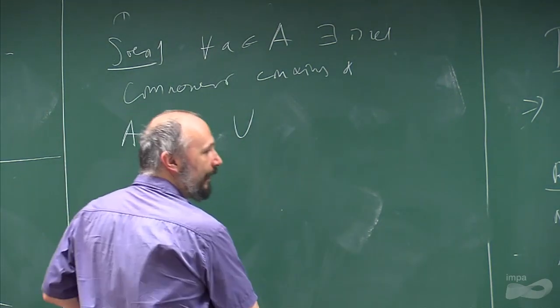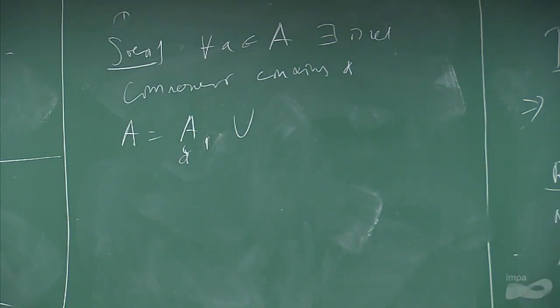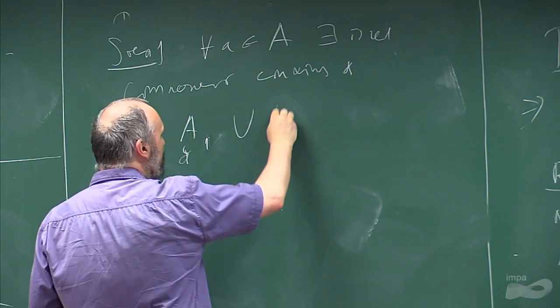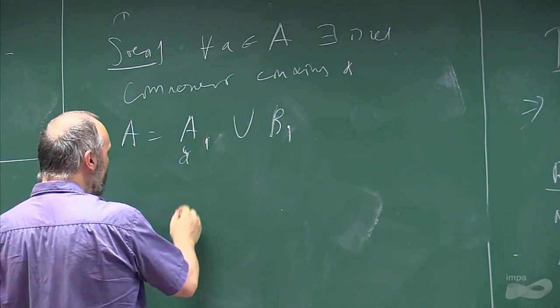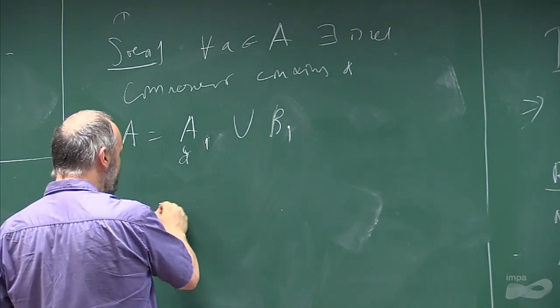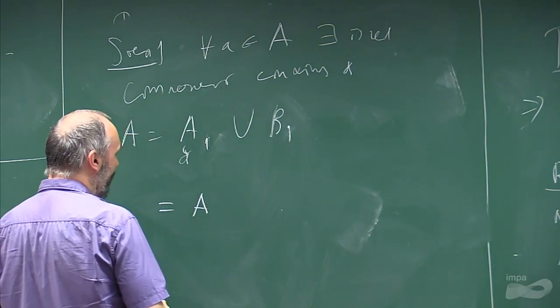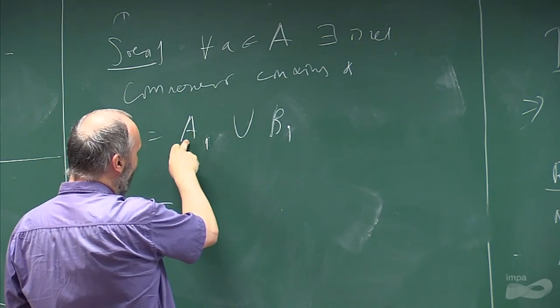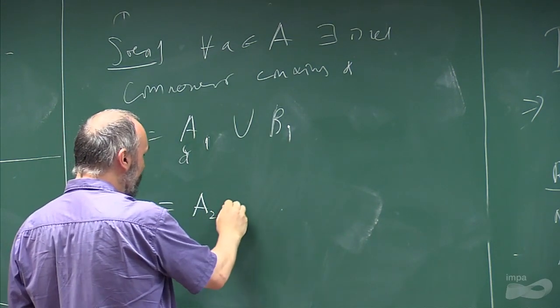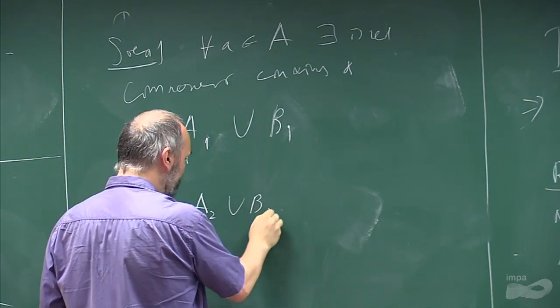So it's A1 union with B1. But then A1 is also split, so we split A1 into a union of A2 and B2.